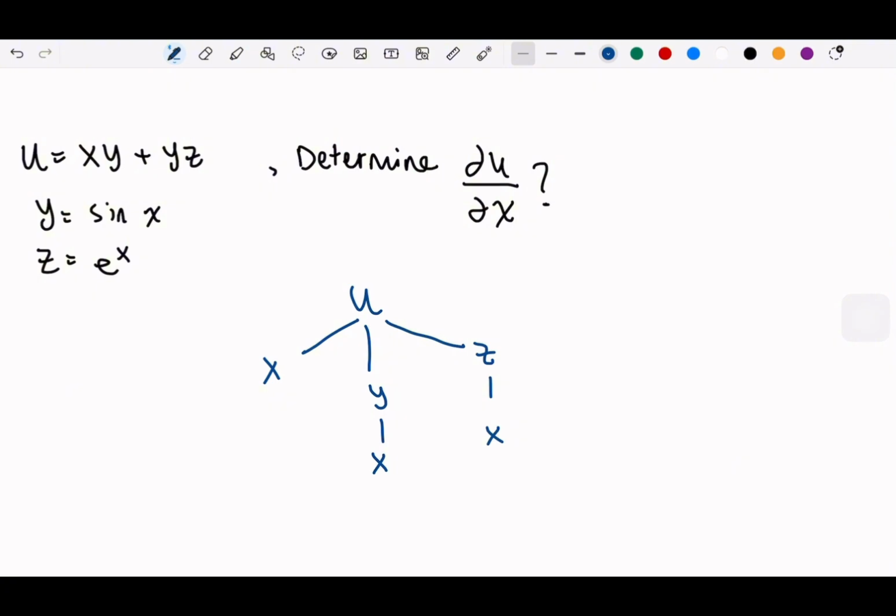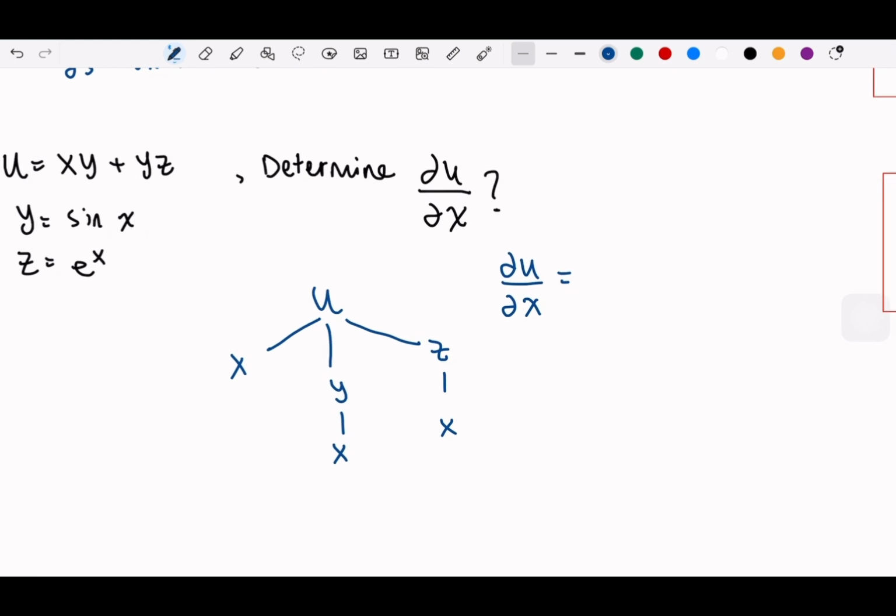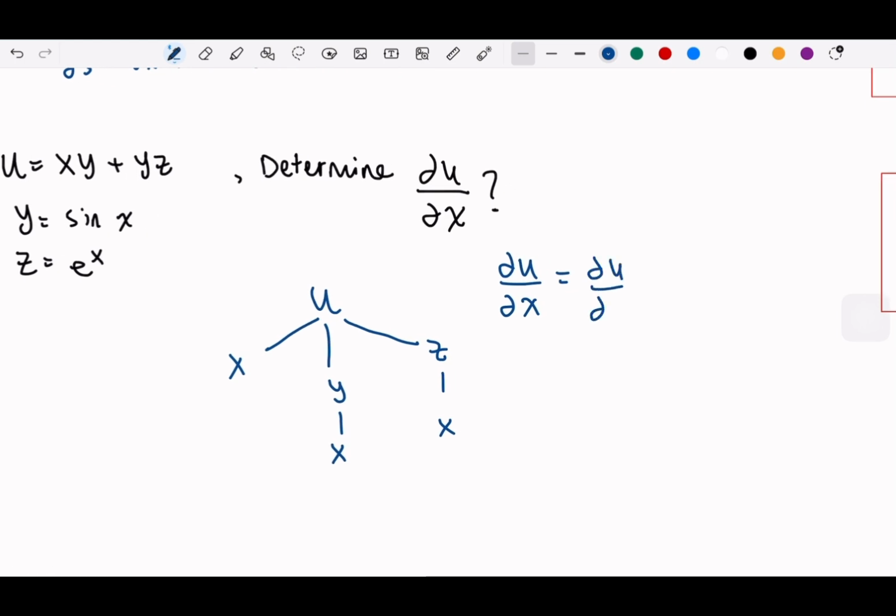So this can be written as the partial with respect to x. This is interesting. So this will be y.